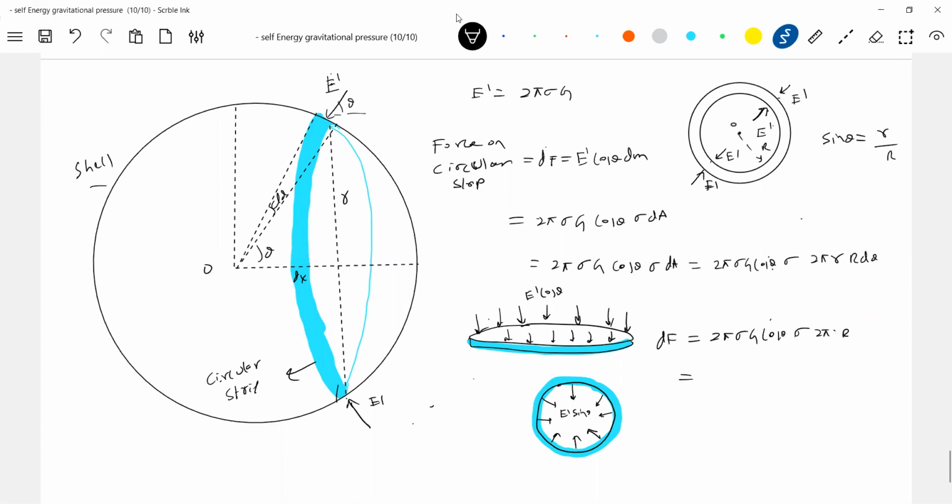Smaller r is r sin theta from this triangle here. Okay, this will become 4 pi, okay, 2 pi square sigma square g 2 sin theta, r square is also there.